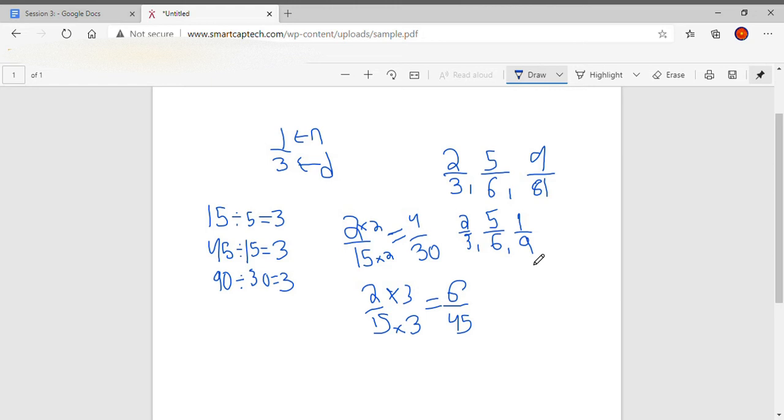The LCM of all these numbers is 18, because we can just do the cake method. 3, 6, 9. They're all divisible by 3. That means 1, 2, 3. Funny, 1, 2, 3. So that doesn't work.